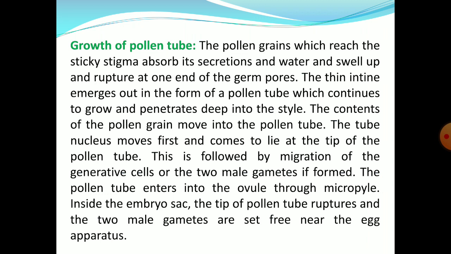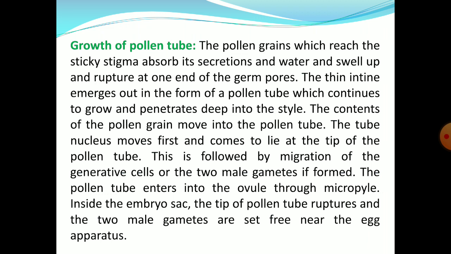Let us see about growth of pollen tube. As soon as the pollen grain reaches the sticky stigma, it absorbs its secretion and water. As a result, it swells up. Due to this, there is rupture at one end of the germ pore, as a result of which the thin intine comes out in the form of a pollen tube, which moves towards the stylar region due to chemotropism, that is movement towards the chemicals present in the style.